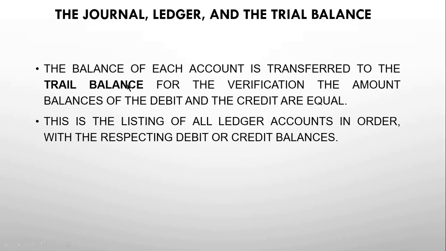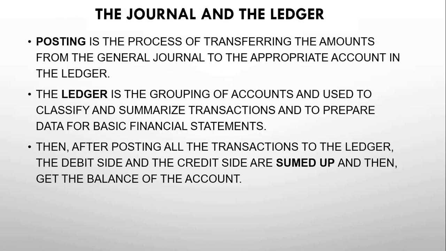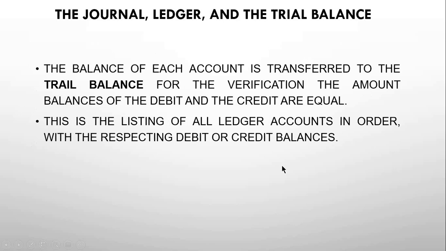Okay? Now, this is also the listing of all ledger accounts in order, with their respective debit or credit balances. Of course, again, after natin masum up siya dito, we get the debit or the credit balance. Ipopost or ita-transfer natin sa trial balance with two reasons.